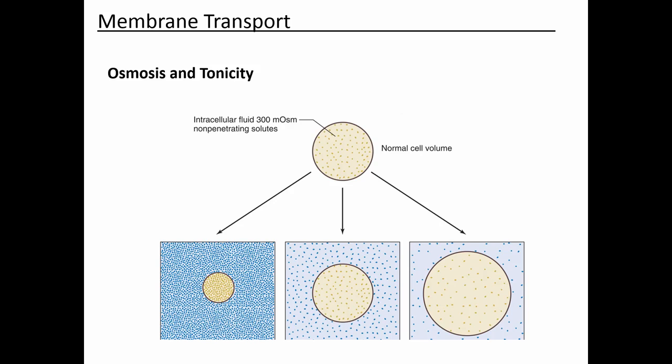So a hypertonic solution is any solution that causes water to diffuse out of the cell and the cell to shrink. And that's what you saw in the lab with the red blood cells. When you put them in the hypertonic solution, the cells shrank up, and they did that because water diffused out of them.